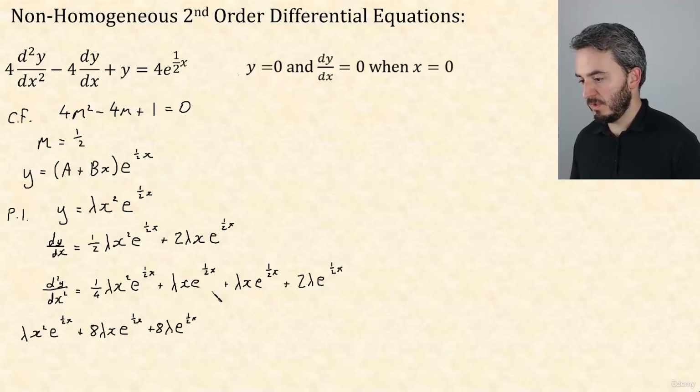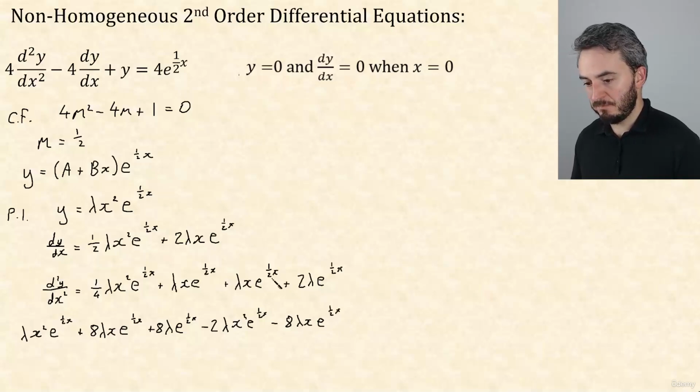Now, minus 4 dy by dx, so minus 4 of these gives me minus 2 lambda x squared e to the half x. Minus 4 of these gives me minus 8 lambda x e to the half x. And finally, plus y, the original function, which was lambda x squared e to the half x. That needs to be the same as 4e to the half x.